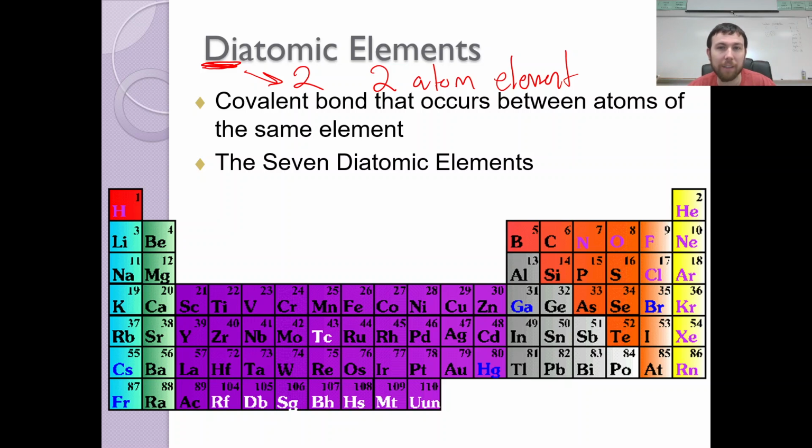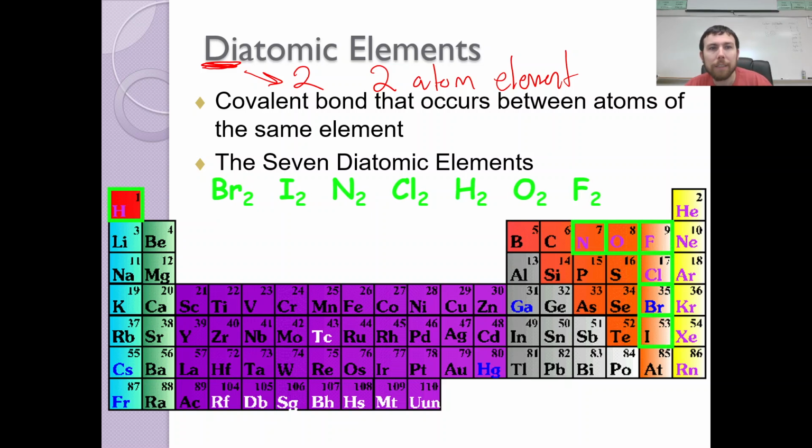Only 7 of the elements on the periodic table occur as diatomic elements, right? And so those 7 are bromine, iodine, nitrogen, chlorine, hydrogen, oxygen, and fluorine, right?